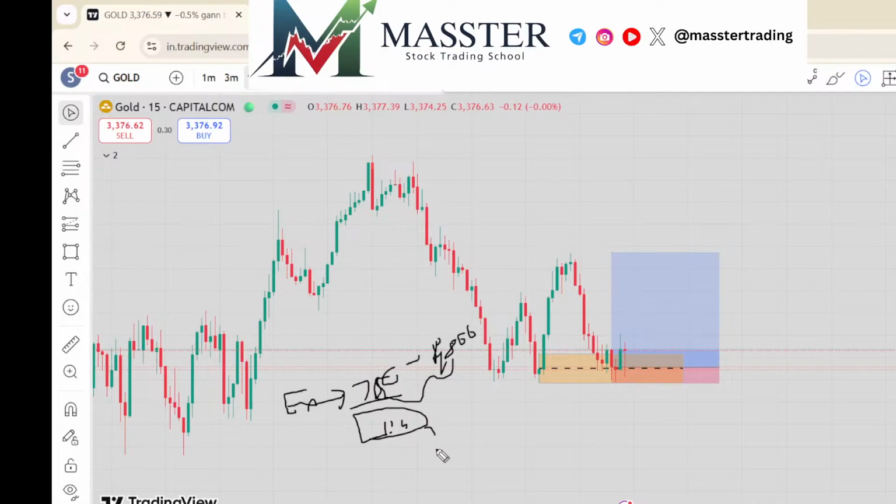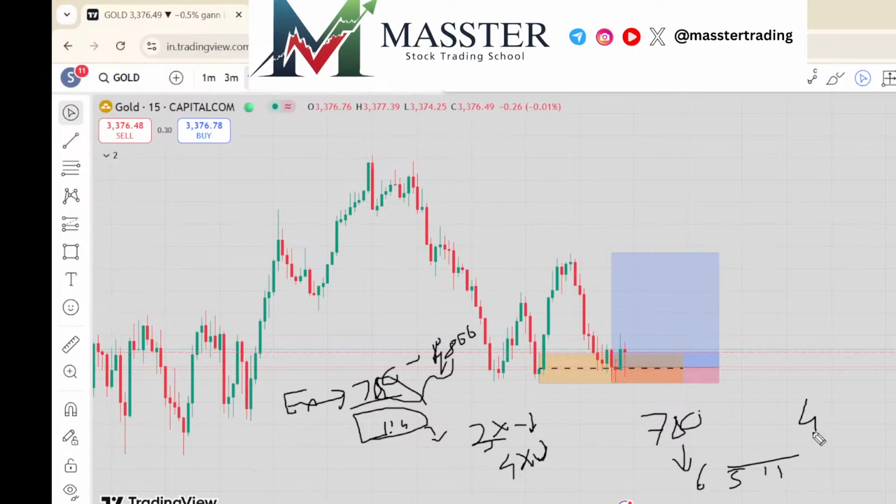If two, three, four trades go in the wrong direction, with this risk management I can take six trades. If from six trades I lose five and win one, I am still in a profit of 780 rupees. You can calculate. This is how risk management works.